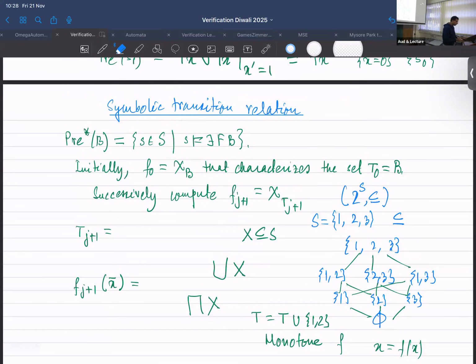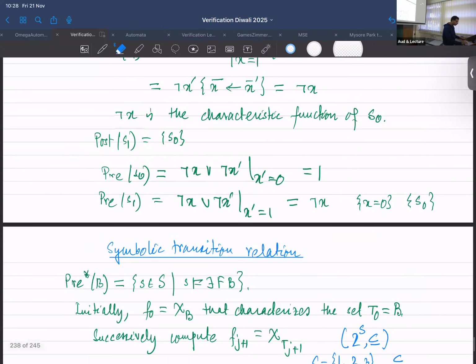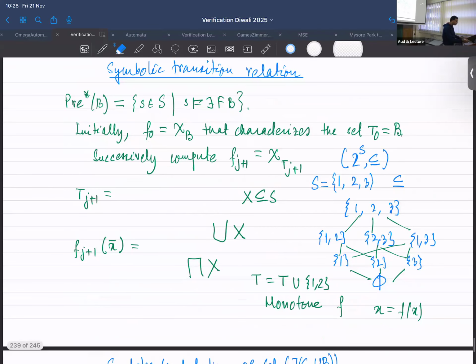So now we did the pre. Suppose you have a pre-star of B, right? It's like there exists a path such that eventually B. Initially F0 is the characteristic function of B that characterizes the set T0 = B. B is like a proposition, let's say.